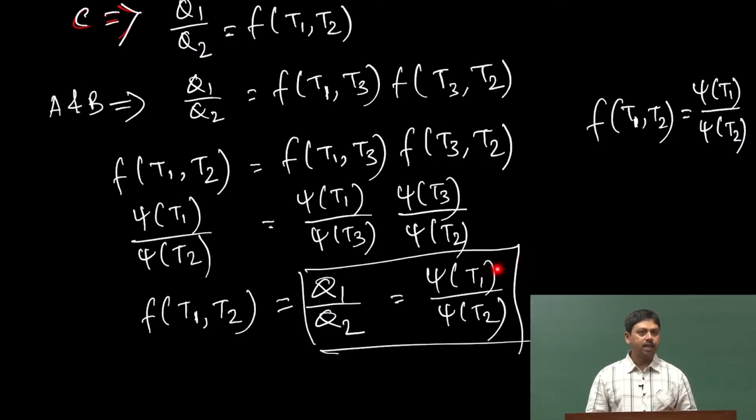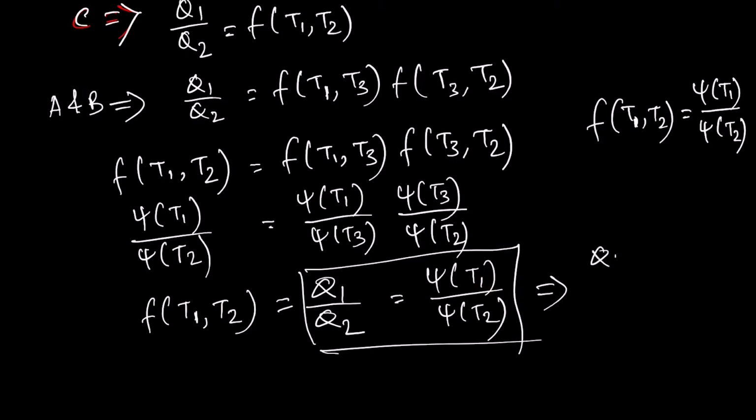Now, Kelvin used a linear function. We can use some linear function which changes with T1. Now, if you use a linear function, or we can call this psi T1 itself as T1, then we can say that the ratio of heat input and output is related to the ratio of two thermodynamic temperatures. You only need one specific point in order to determine the other temperature.